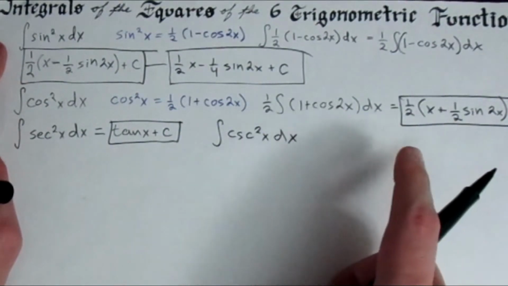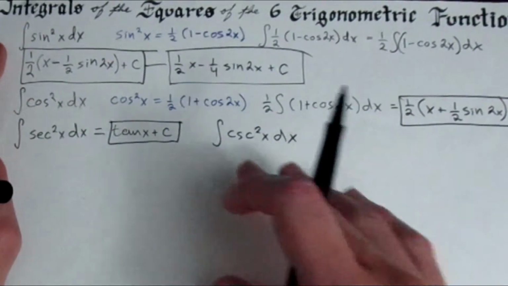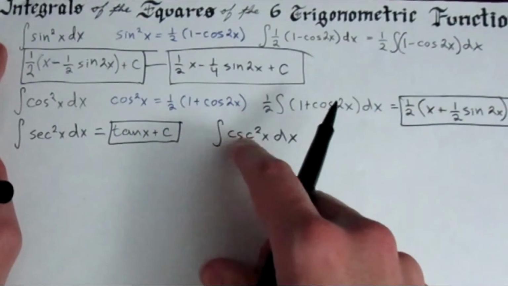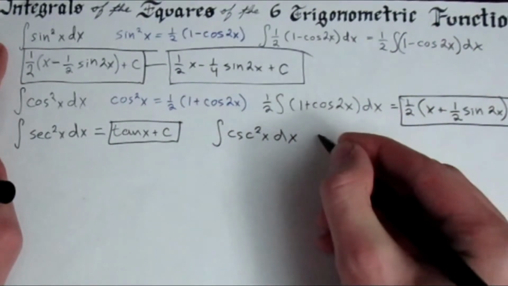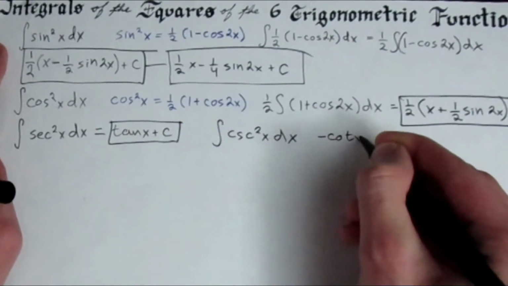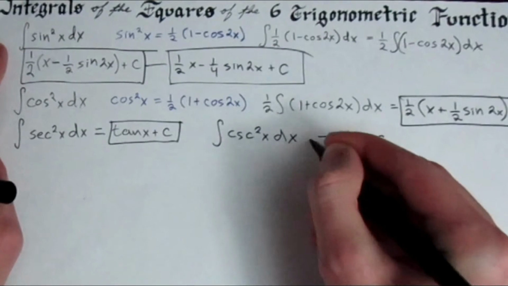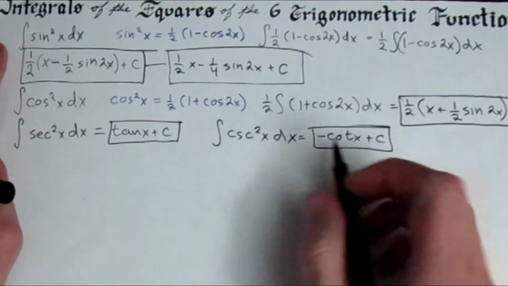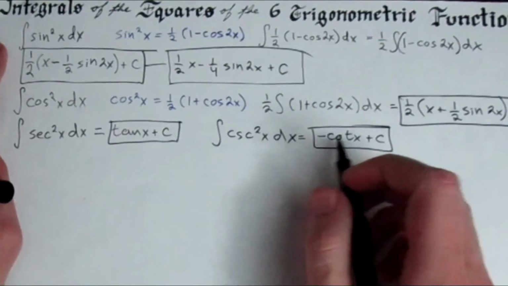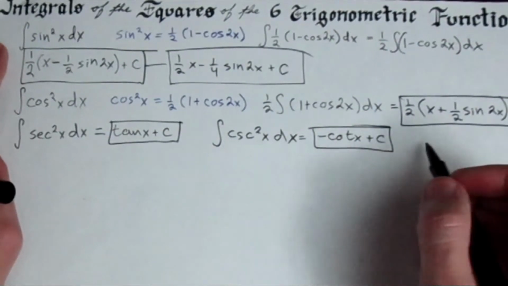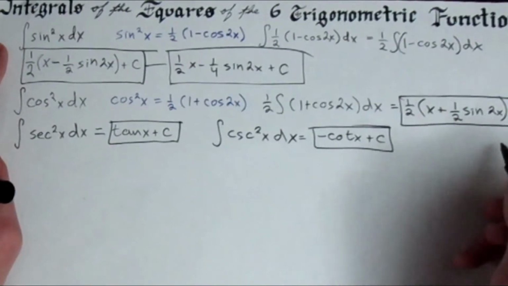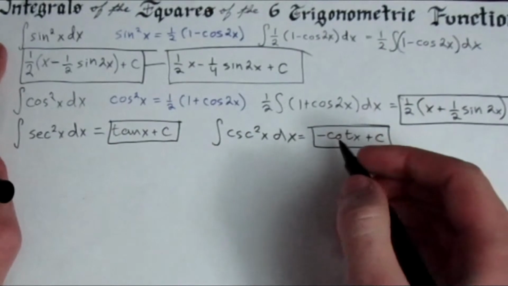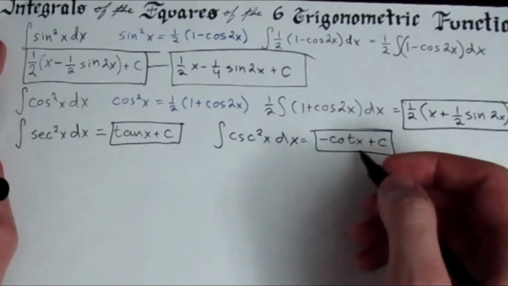What's the derivative of cotangent? It's negative cosecant squared. Therefore, the integral of cosecant squared will be negative cotangent x plus c. The derivative of negative cotangent x would be negative times negative cosecant squared, and a negative times a negative is a positive. So that's why you need a negative cotangent.